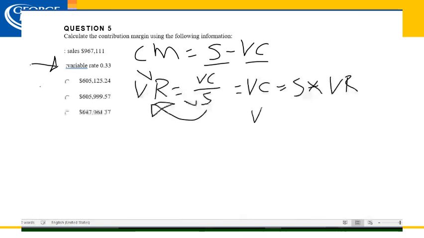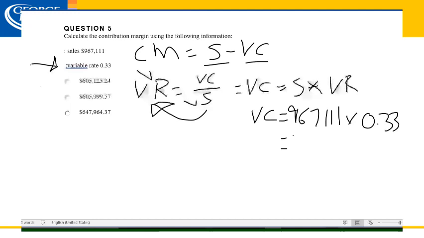Okay, so in this case, our variable costs are equal to $967,111 multiplied by 0.33, and I'm using a calculator for this, which comes out to be $319,146.63.